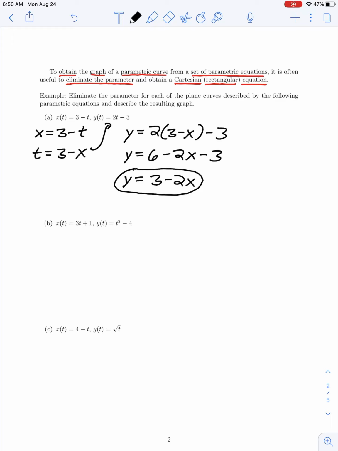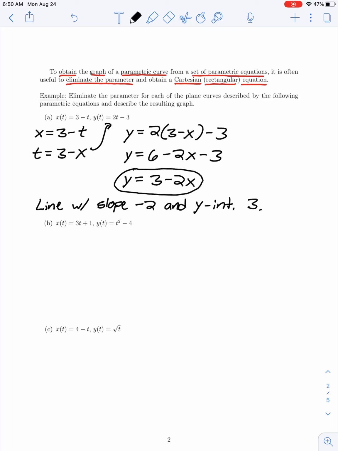So the parametric curve described by these equations would be a line. If we want to be a little more specific, we can say a line with slope -2 and y-intercept 3.